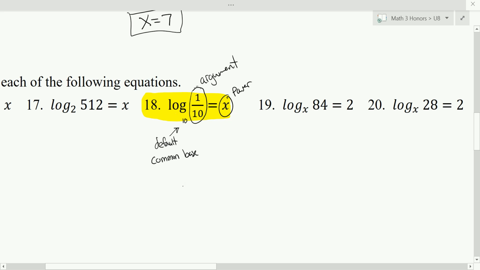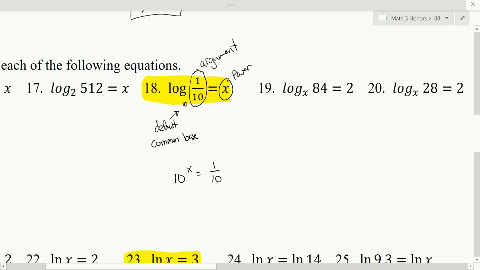If we change this out of log form into exponential form, it's going to be 10 to the power of x is equal to 1 over 10. And then it's like a problem that you did yesterday. 10 to the x is 10 to the negative 1, so x is negative 1.